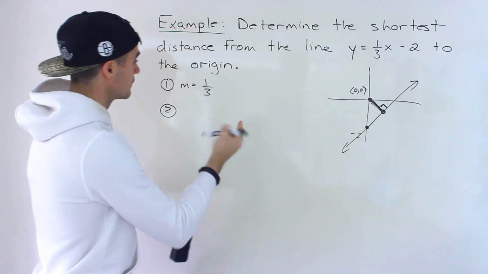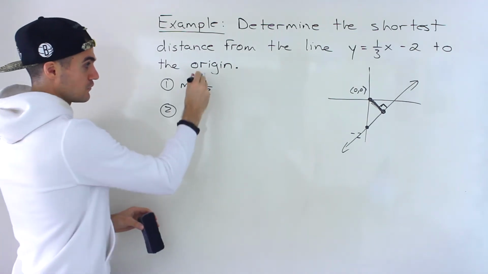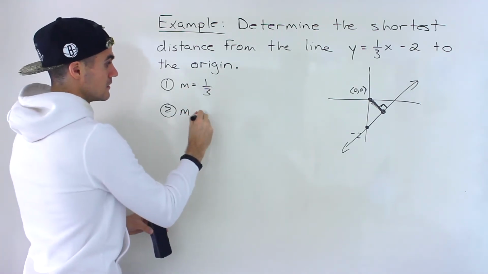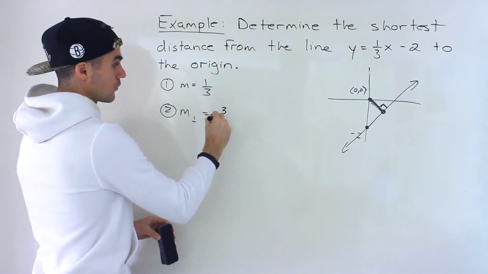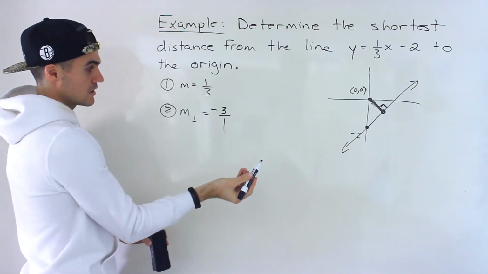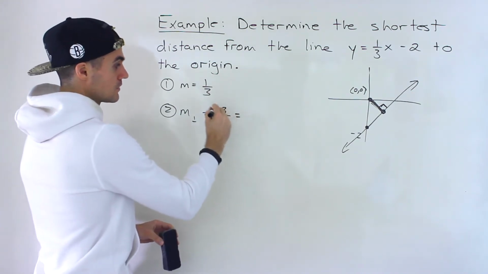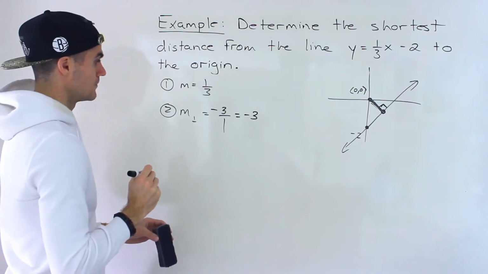Well, it's going to be the negative reciprocal of this because those lines are perpendicular. So we would flip this over here, which would be 3 over 1, and then we change the sign. Notice this is a positive, so this is going to be a negative now. And so -3 over 1, that just ends up being -3.